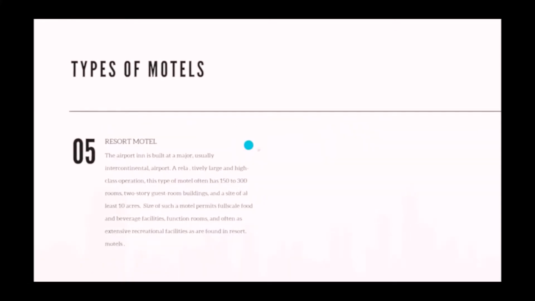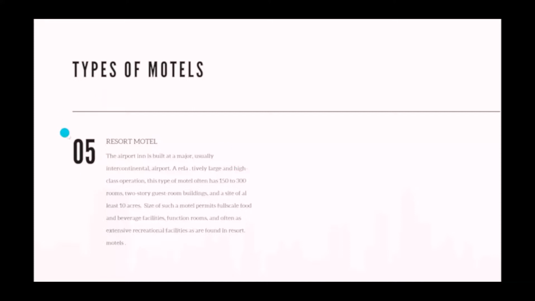Number 5, the airport motel. Sorry, na-typo ako dito. It's a relatively large and high-class operation. This type of motel often has 150 to 300 rooms, 2-story guest rooms, and a site of at least 10 acres. So this airport motel is like the level ng mga hotel, that's why mataas yung storage niya.